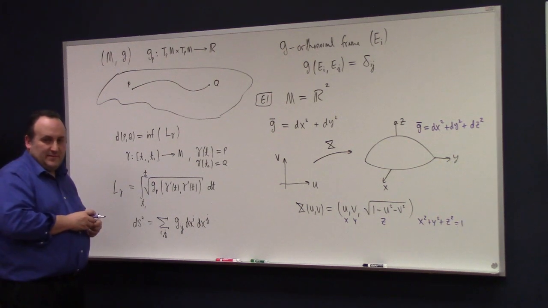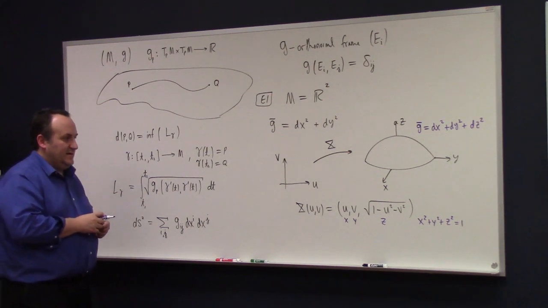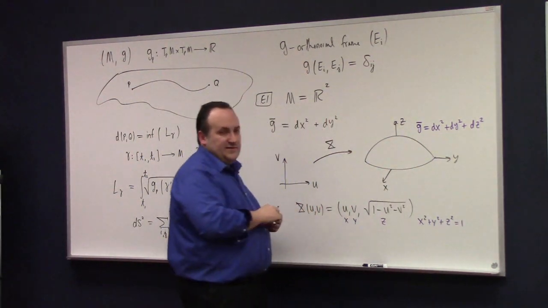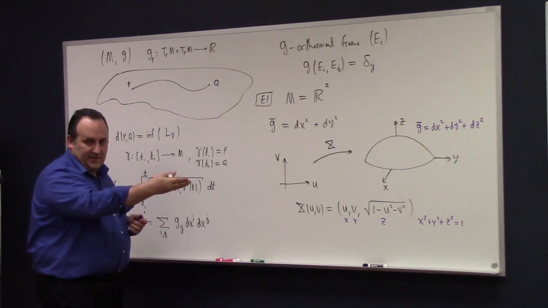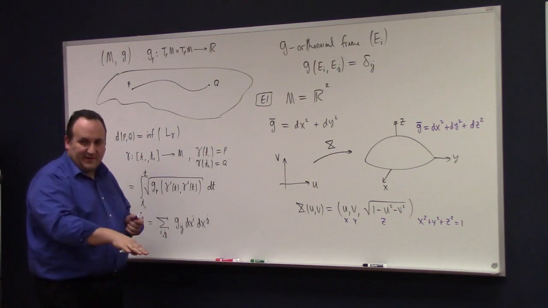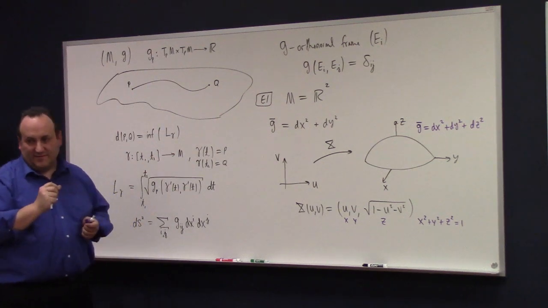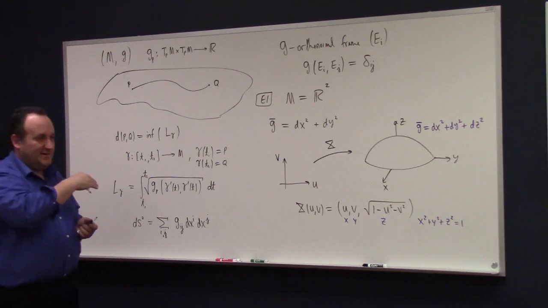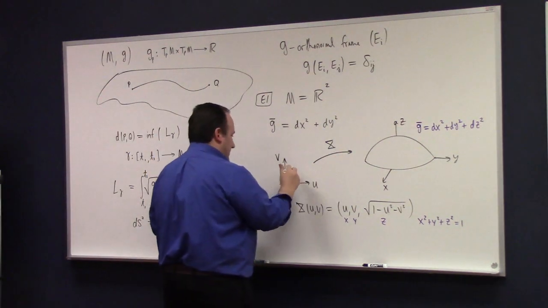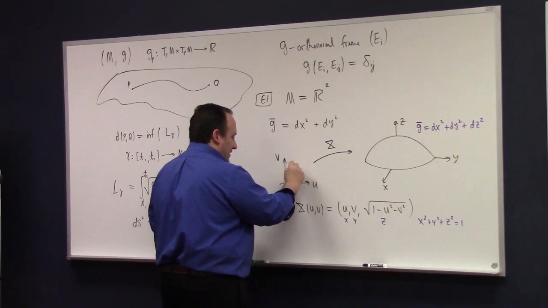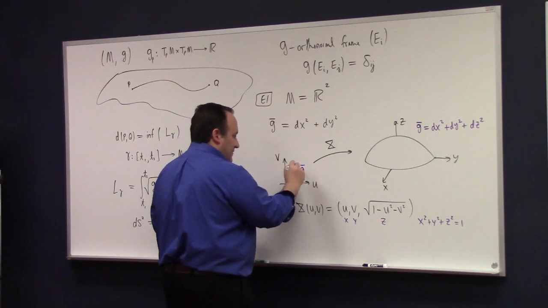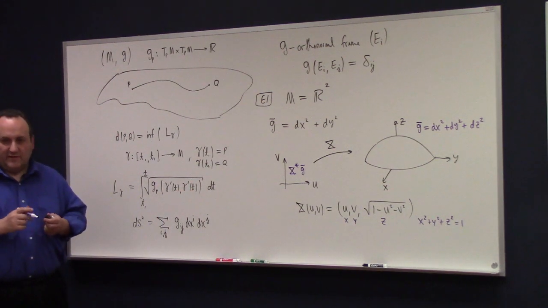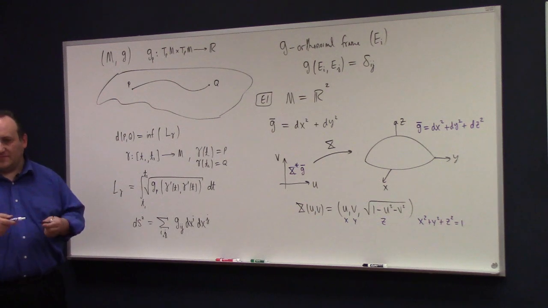One thing I could do is take this rank 2 covariant tensor field that's defined in all of R3, restrict it to the sphere, and then pull it back under this X map. I can calculate over here X pullback G bar and see what that gets me. That's going to get me a different metric on the UV plane, which of course we could think of as the plane.